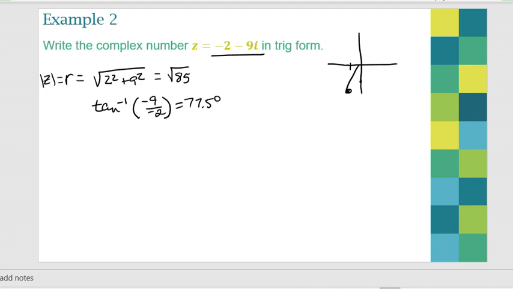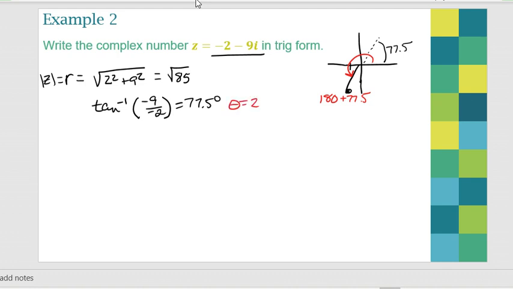Be careful though, 77.5 is located here, and that's not what I need. I need this angle. And so how do I get it? 180 plus 77.5. So add the 180, I'm at 257.5.